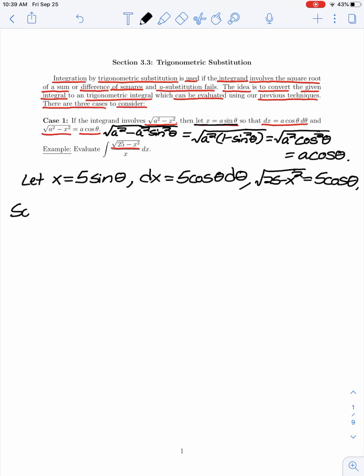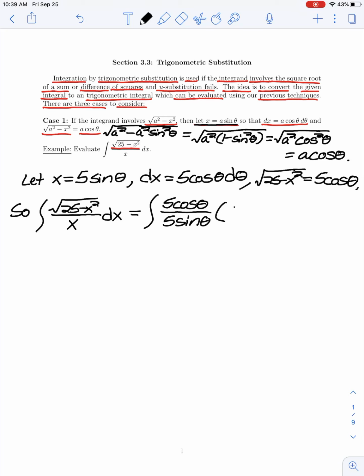By making this substitution, let's rewrite our integral. We had the integral of the square root of 25 minus x squared all over x dx. In terms of theta, our numerator is 5 cosine theta. We were dividing by x, which was 5 sine theta. And then on the end, we had dx, which we found was 5 cosine of theta d theta.